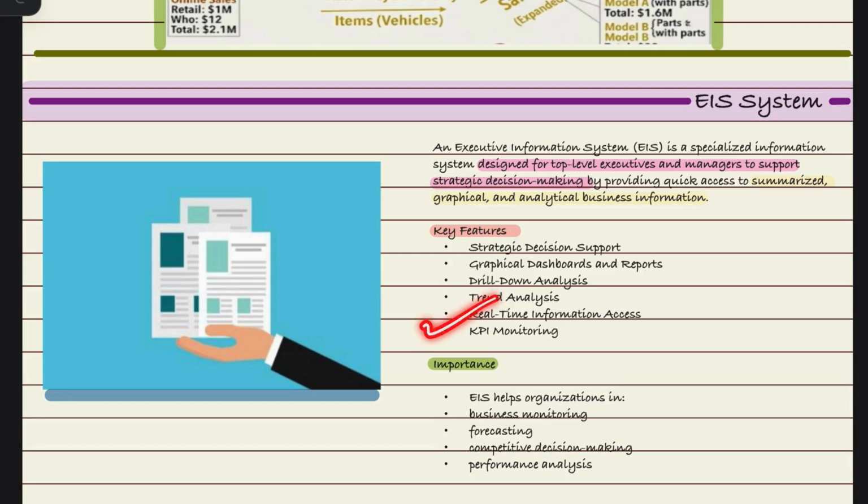There can be real-time information access. It streams live, verified data feeds directly into the EIS data warehouse, and it ensures that corporate leadership is making decisions based on the exact reality of the market right now. And there is also KPI monitoring as a key feature of EIS.